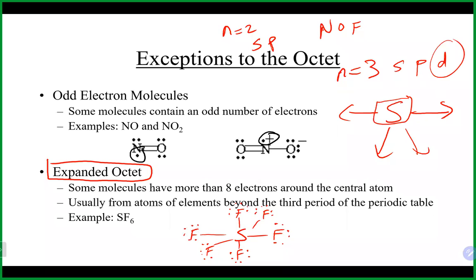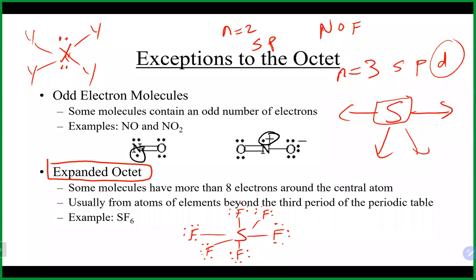Now, they don't always have to be bonds to go over the expanded octet. Since we're getting to the end, we'll do one maybe next time. But I'll just use letters. You could have something like this, where you have 4 actual bonds, and you also could have some non-bonding electrons on there as well.